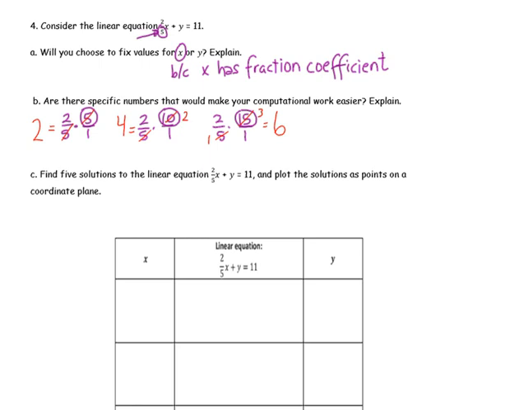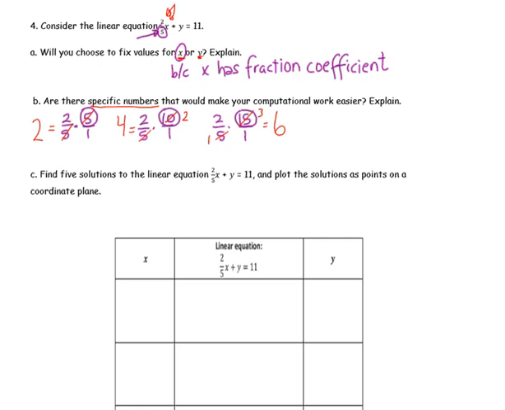So there is definitely a benefit to choosing whether to set the value for x or y and using specific numbers. When the coefficient of x is a fraction, you'll want to fix the value for x.